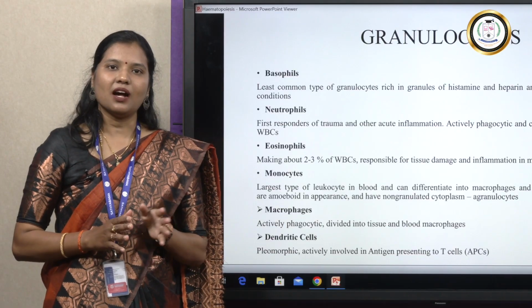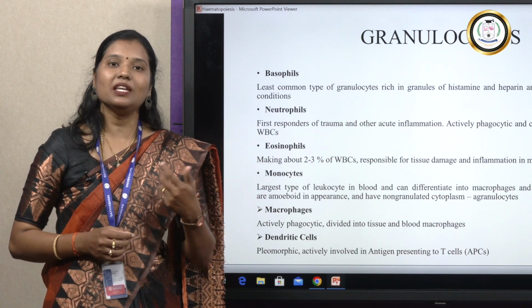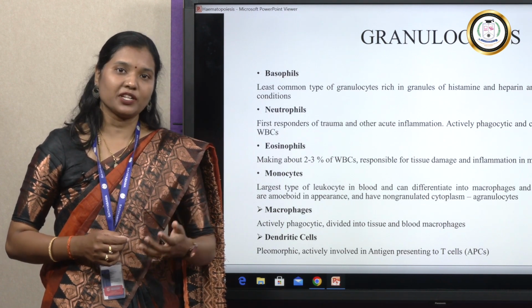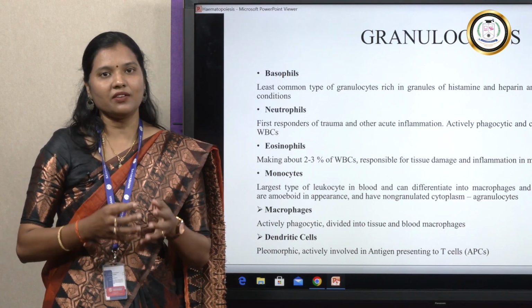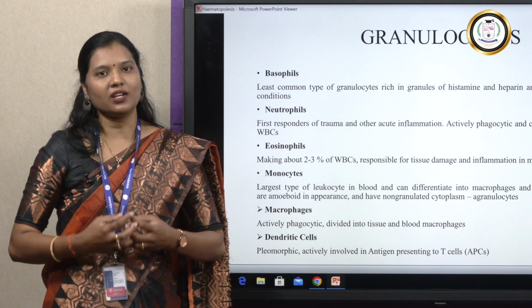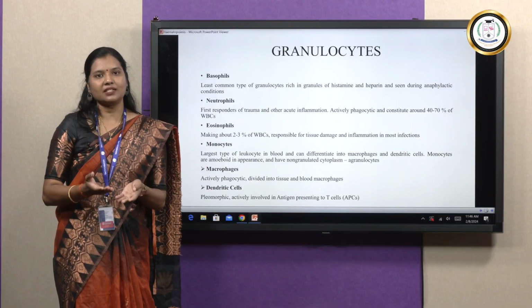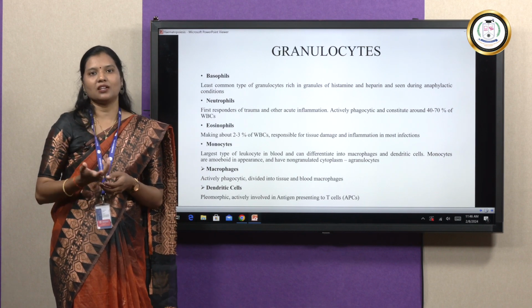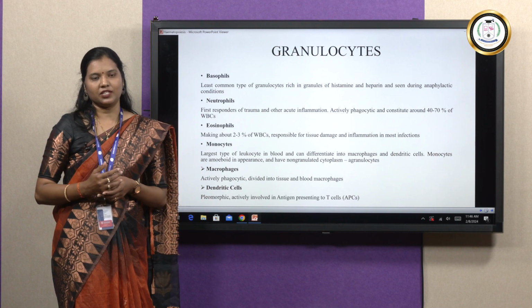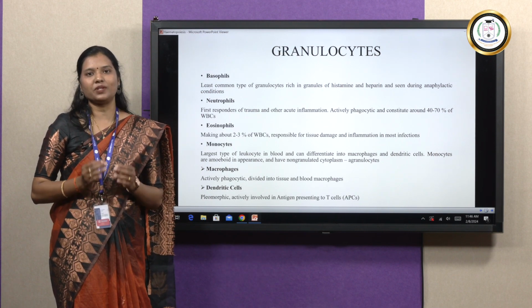T cells are cellular cytotoxic cells which are not able to immediately initiate any cellular cytotoxicity by themselves. Rather, they take the help of dendritic cells, where the dendritic cells take up the foreign antigens on their cell surface, go to the T cells, and present it to them, so that the T cells will easily identify them and start to perform the cytotoxic activity. So dendritic cells could be simply defined as APCs or antigen presenting cells.